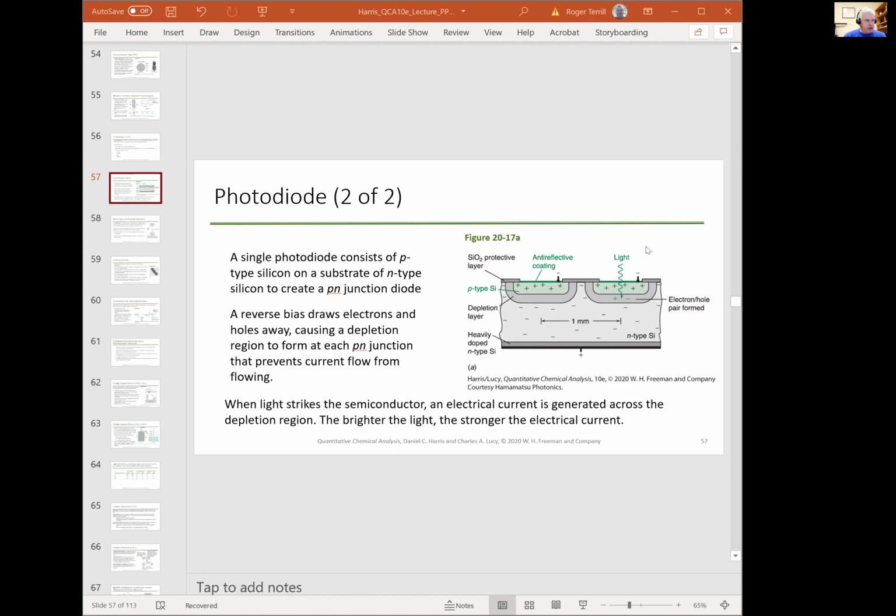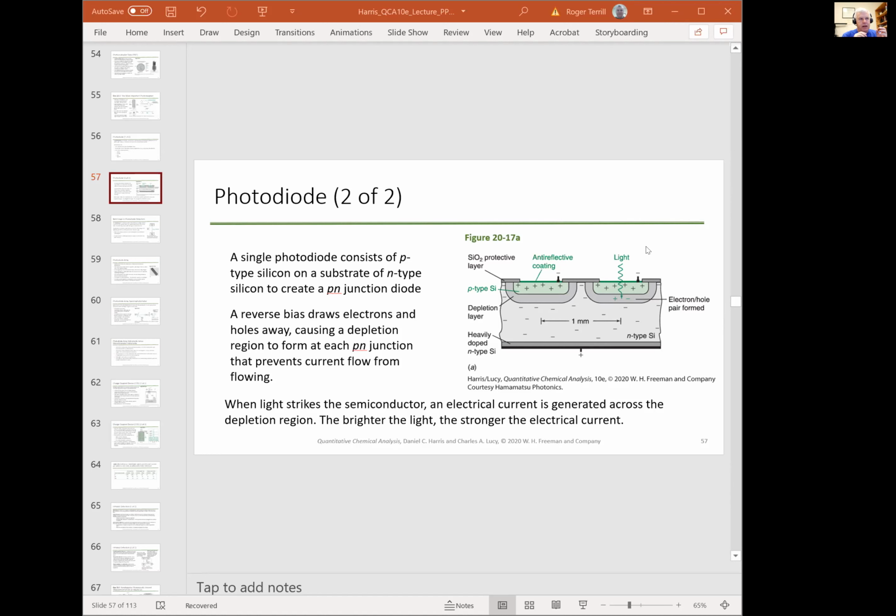And so the fixed charge stays stuck, and then in the other side, the opposite fixed charge stays stuck. And then there's an electric field developed between the two.